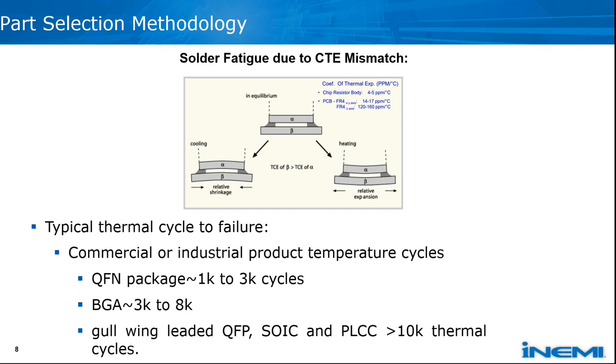BGAs, depending on the test conditions, 8,000 cycles. And other gull wing leaded components, we've seen data up to 10,000 cycles. What we would like to do is minimize the time, if at all possible, that this is taking, but still have failure mechanisms that coincide with the failure mechanisms we see from actual applications.